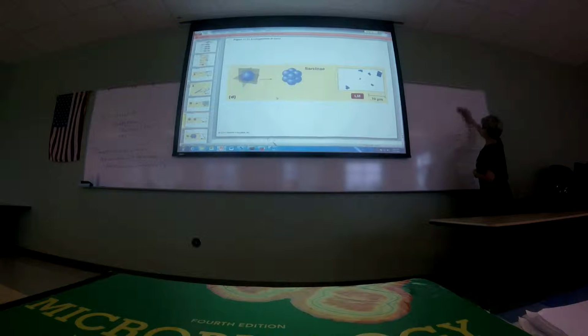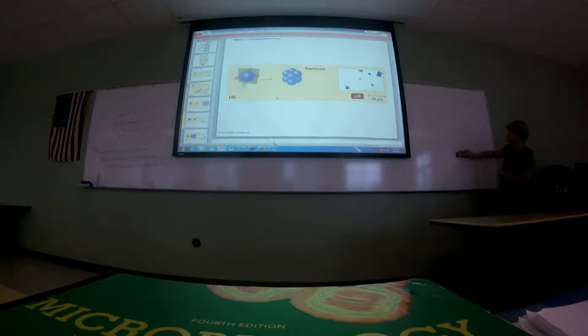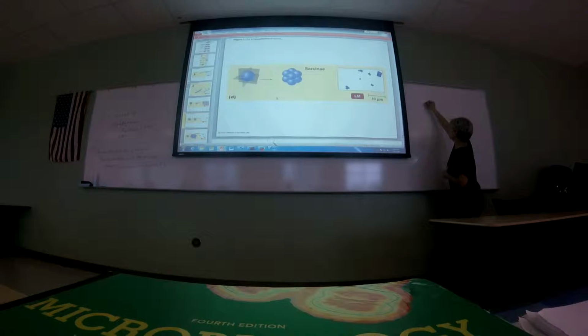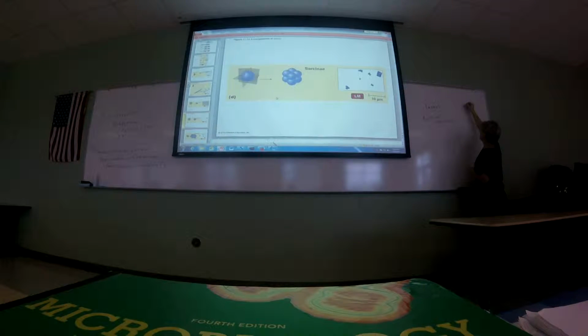So, as you look at bacterial structures, there's going to be a target. That's the bacterial structure. And there's going to be a magic bullet. And that's the antibiotic.